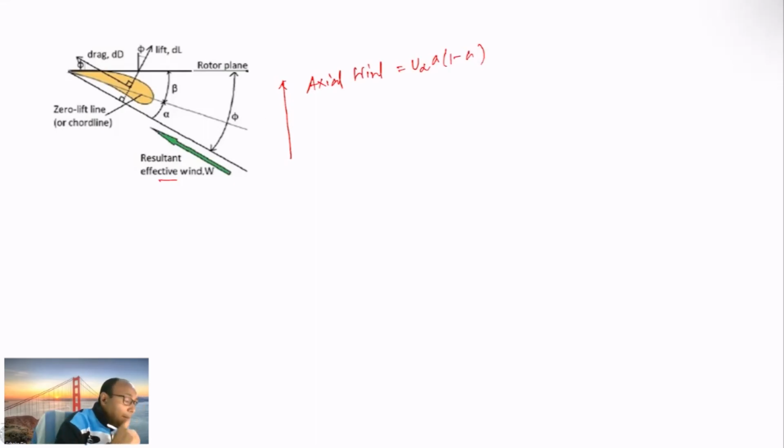Okay, and this direction is the induced tangential wind, which is nothing but r omega (1 plus a prime).